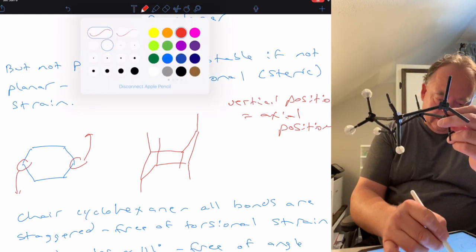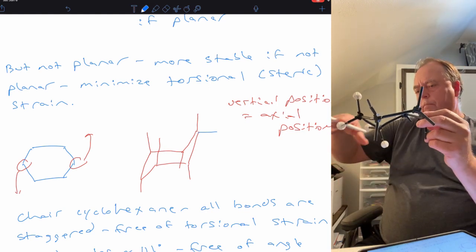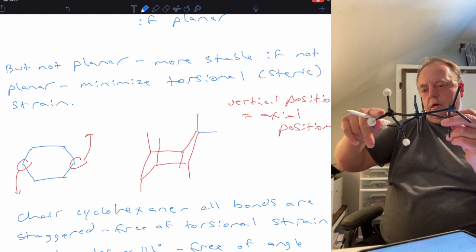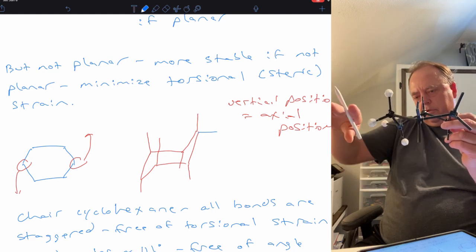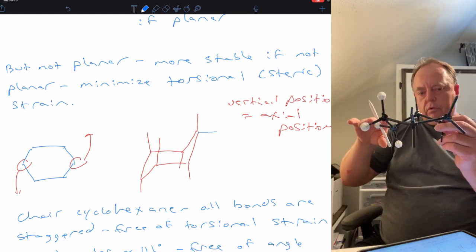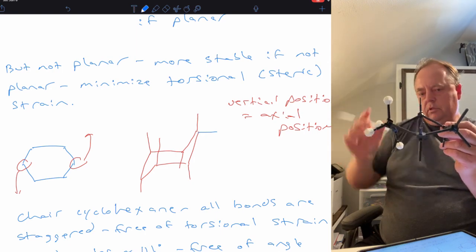And then each cyclohexane carbon also has a hydrogen that's pseudo horizontal. You can see that's not really horizontal. If this is perfectly vertical, this is kind of at an angle going down, but it's somewhat horizontal. And this one over here is somewhat horizontal. This one's kind of going down, and that one's a little going up.